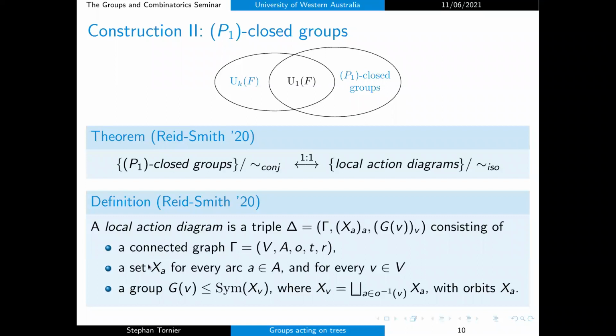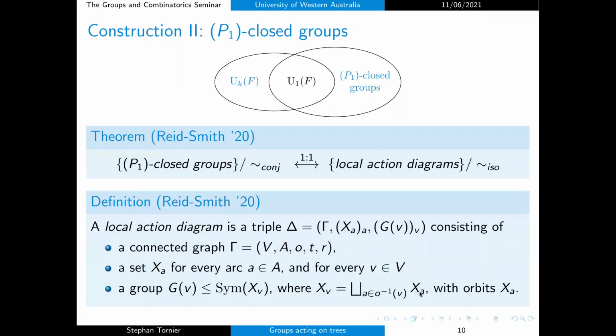And these sets, maybe start with the group. The group at every vertex: since vertices represent orbits in the tree, the local actions around those vertices are all permutation isomorphic to each other in the action on the big tree. So now I just take one representative of that class of permutation groups.